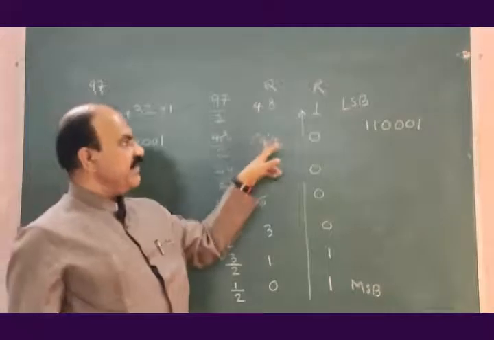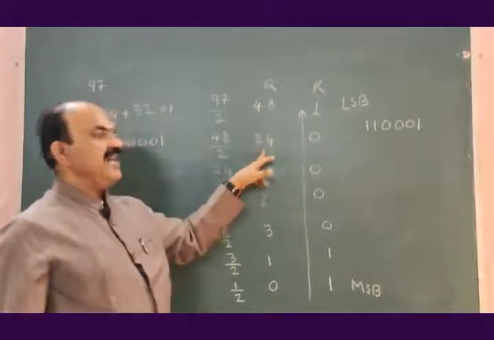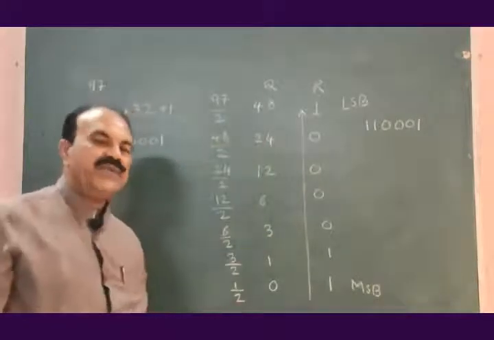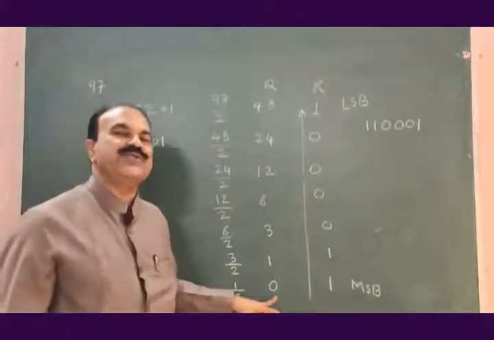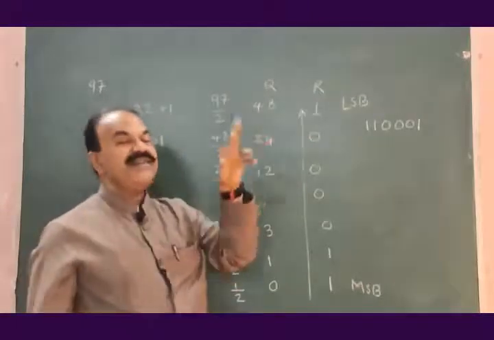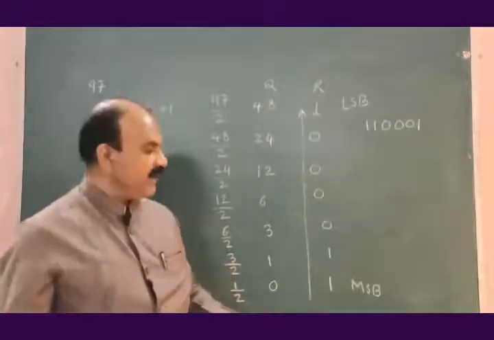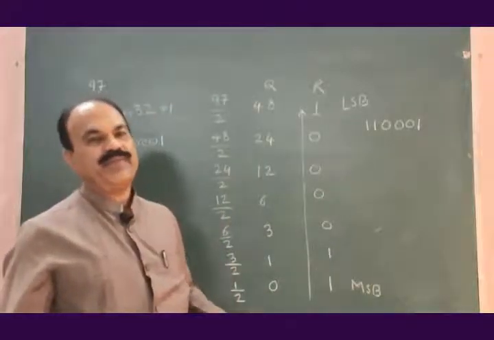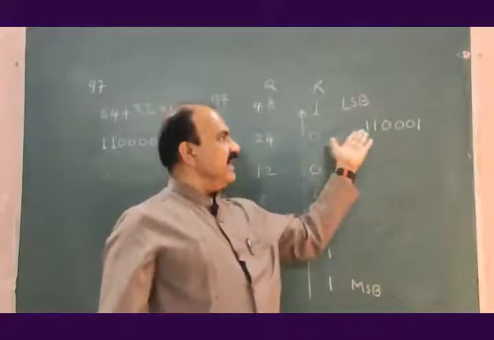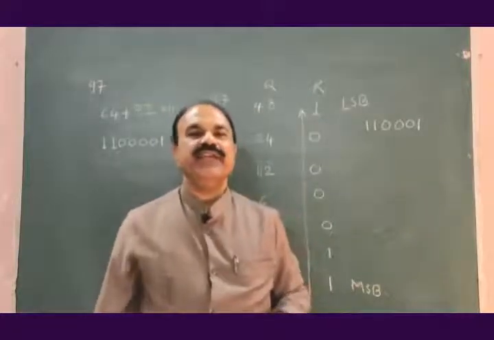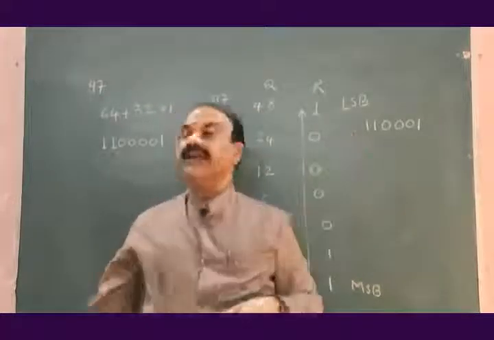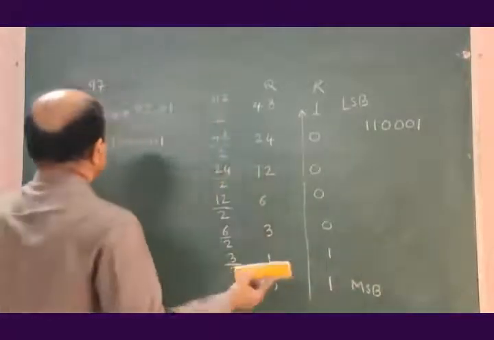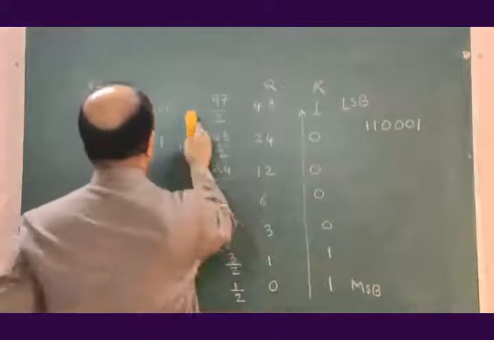Continue this till the quotient comes 0. The first remainder is the LSB of the binary number, the last remainder is the MSB. Collect it this way and write it here. That will give you the equivalent binary of the given decimal number. Then let us go for some other numbers.